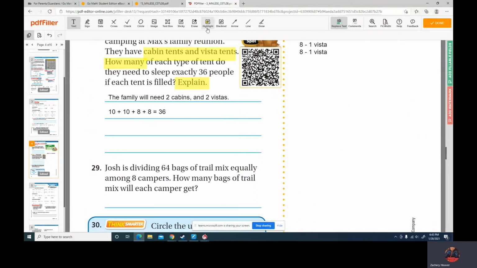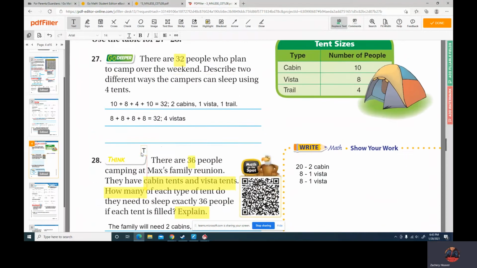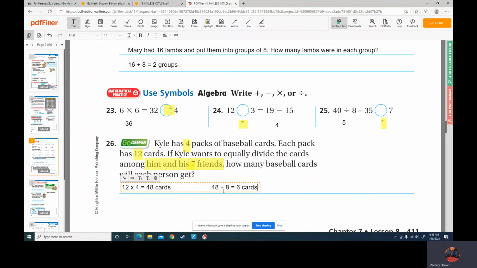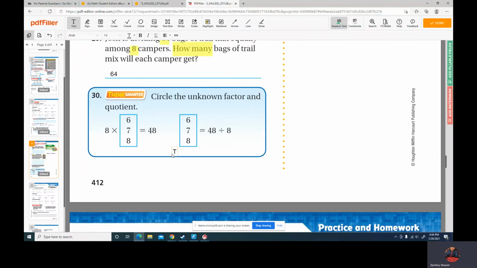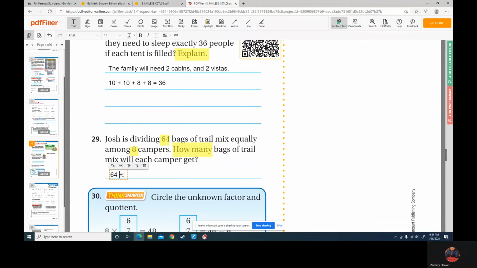This one says Josh is dividing 64 bags of trail mix equally among 8 campers. How many bags of trail mix will each camper get? Well, we know our equation. We're working with 8, so it's going to be 64 divided by 8 equals.